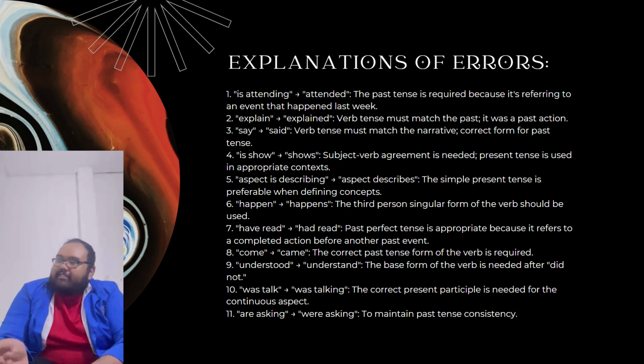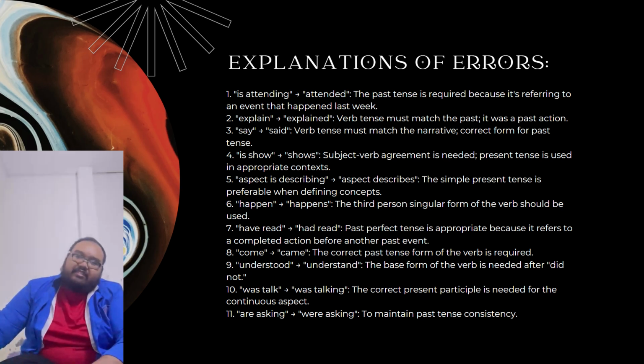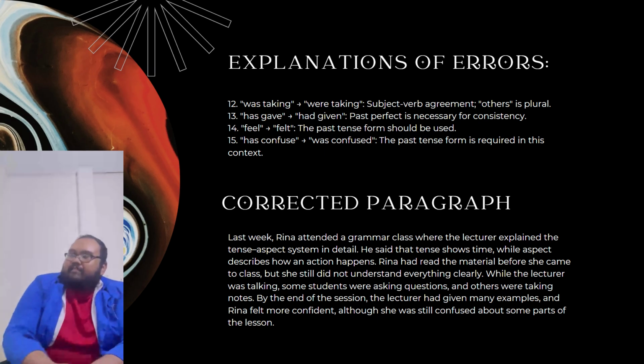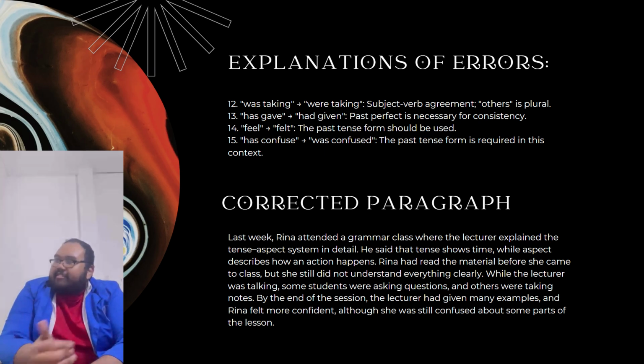The correct present participle is needed for the continuous aspect. 11, are asking, turn it to were asking, to maintain past tense consistency. Now for 12, was talking, were talking. Subject-verb agreement, others is plural.